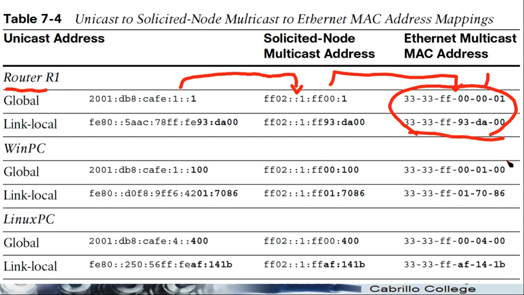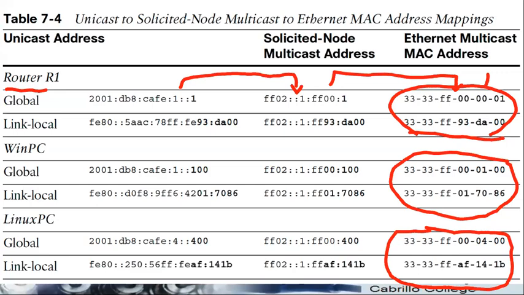Same thing with WinPC. It'll accept any destination MAC addresses that belong to either of these multicast addresses, plus its own MAC address for the NIC. Linux PC will accept any Ethernet frames with the destination MAC address that belongs to one of these two addresses, plus the MAC address that belongs to its NIC.